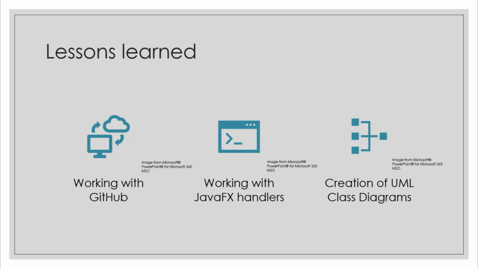Next was working with GitHub. There were so many challenges over the course, not just for this project but for assignments with GitHub, like overriding other people's data or what have you. So it was learning how GitHub works with merging and all of the other components. The next lesson learned was working with JavaFX handlers.